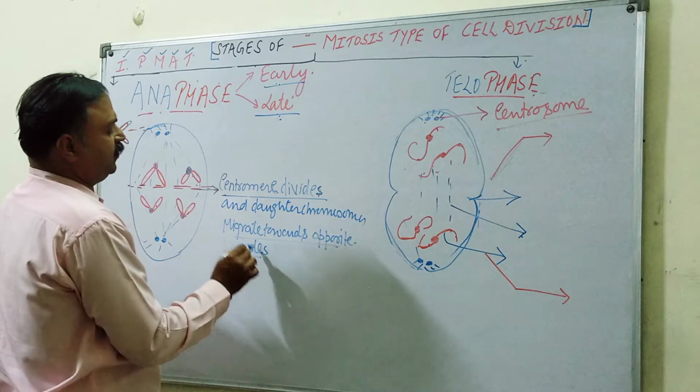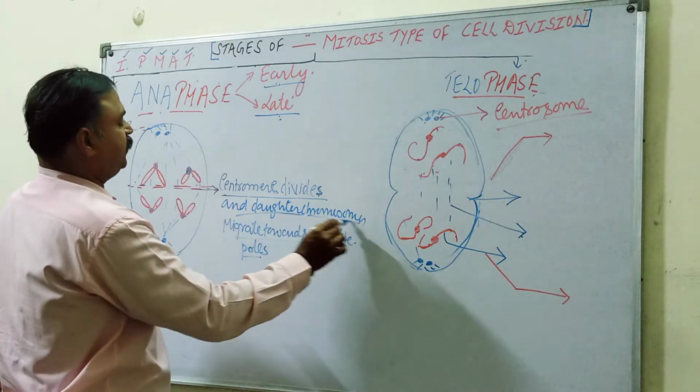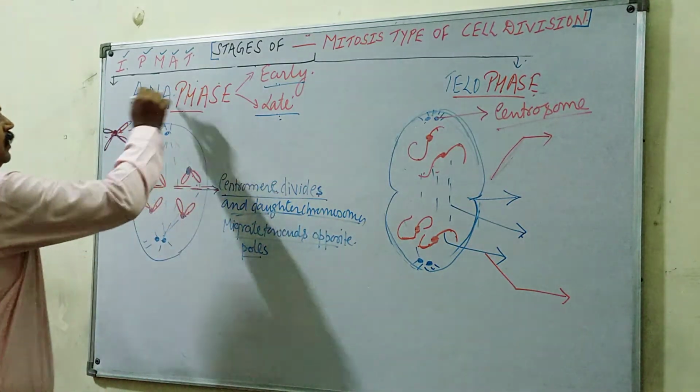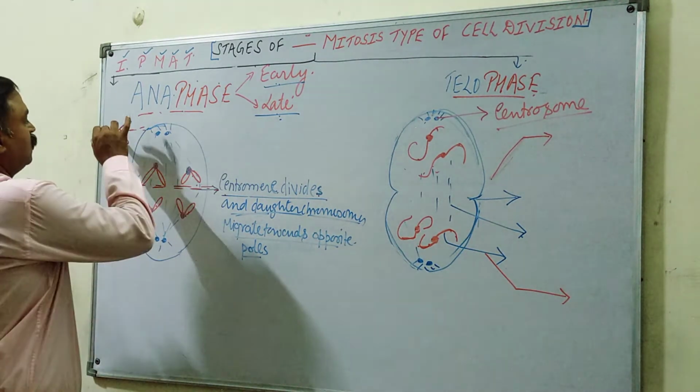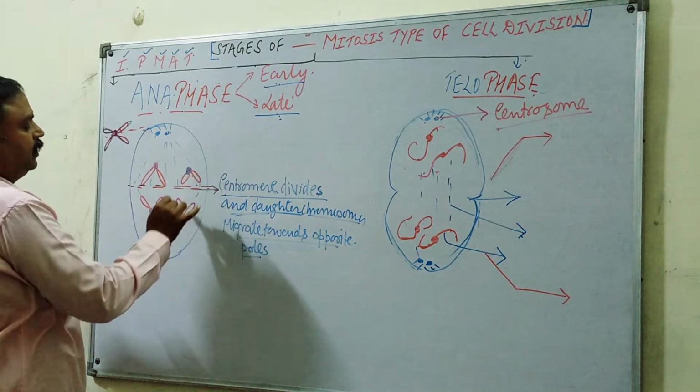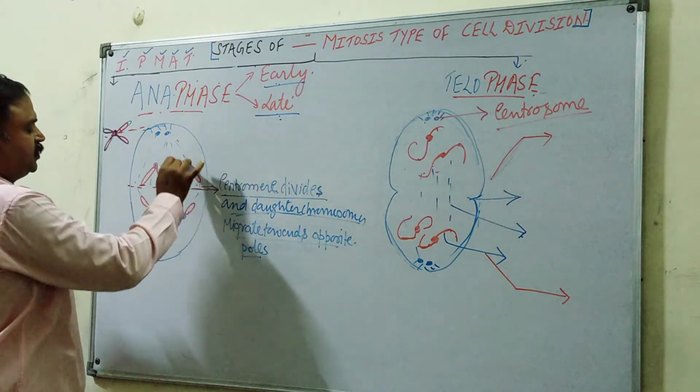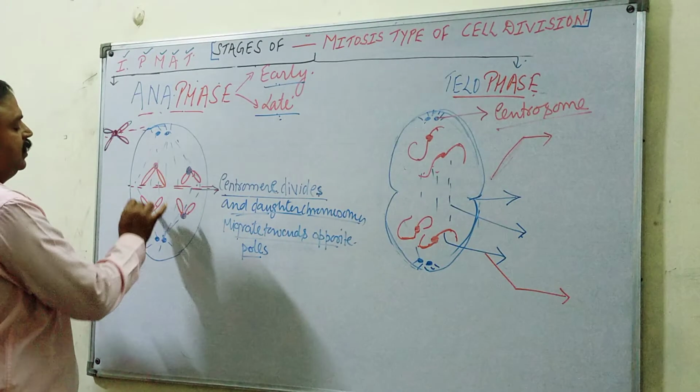This is the main feature of which phase? Anaphase. Centromere of chromosomes divide and daughter chromosomes migrate towards the opposite pole.